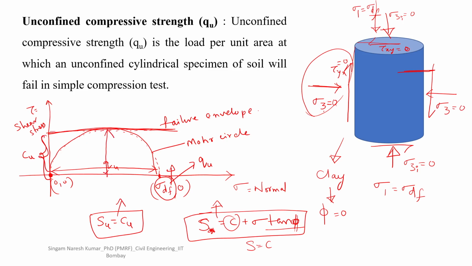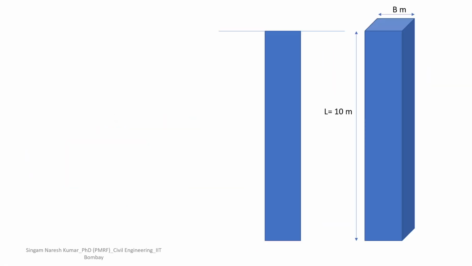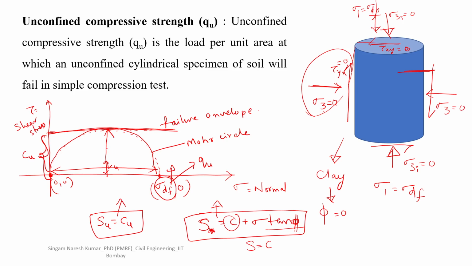Because it is a horizontal line touching at the highest point of the circle. Since QU is the diameter, this will automatically be QU by 2. That's how CU, or SU, undrained shear strength, equals QU by 2. This is how we calculate cohesion from the unconfined compressive strength.